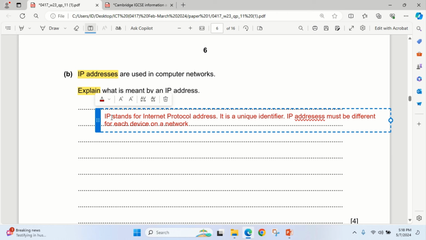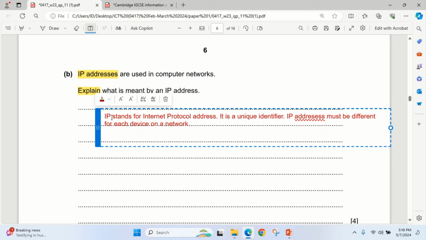That's why we call it a unique identifier. And by so doing, the IP address determines the electronic location of a device in a network. So take note of that.